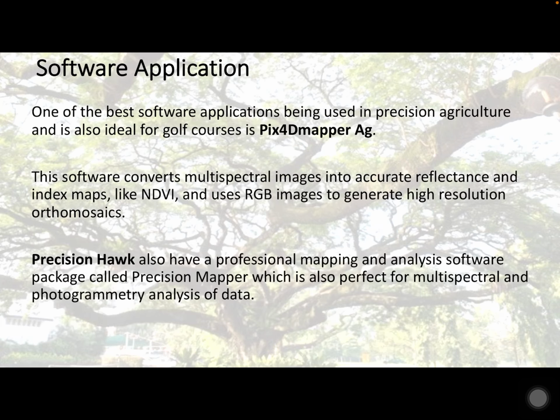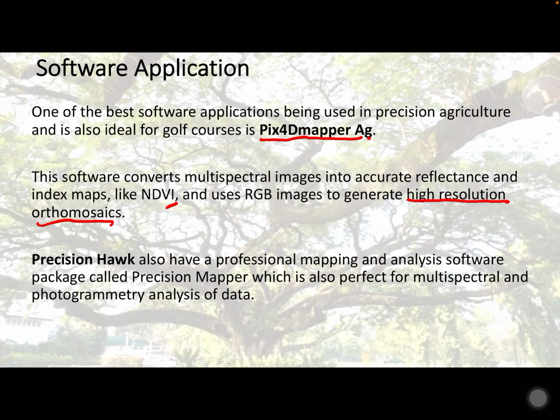The software application which is best for precision agriculture and ideal for the golf course that we may use is Pix4D Mapper Ag. This software will convert the multispectral image into accurate reflectance and index maps like NDVI, and uses RGB images to generate a high resolution raster mosaic.